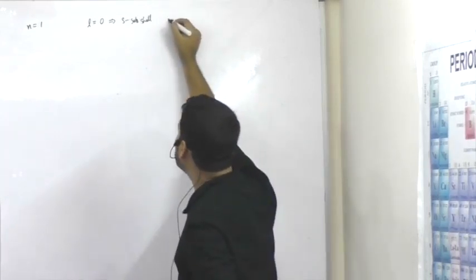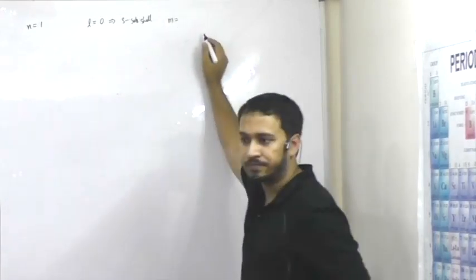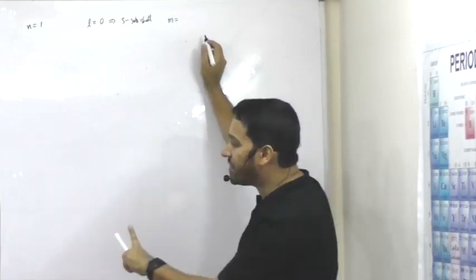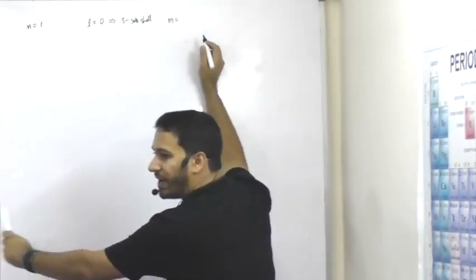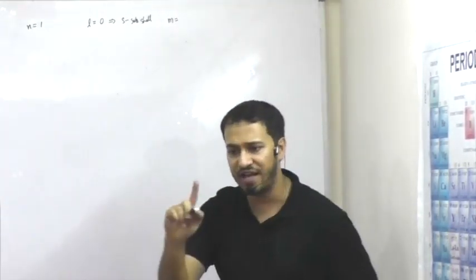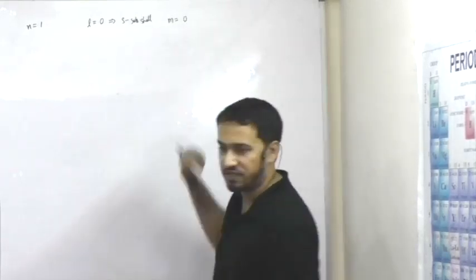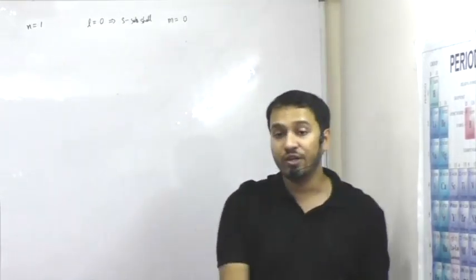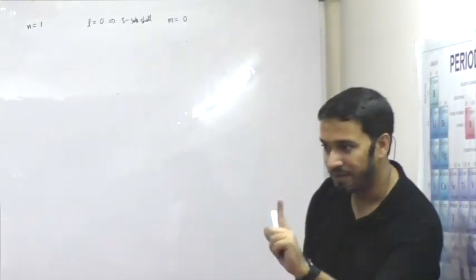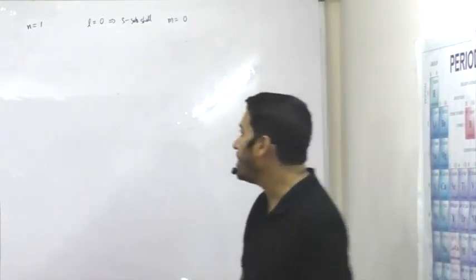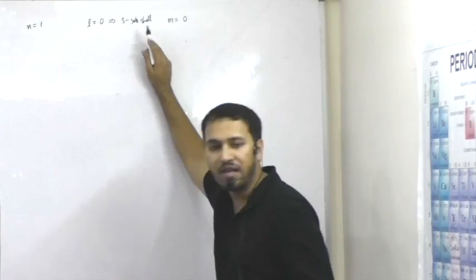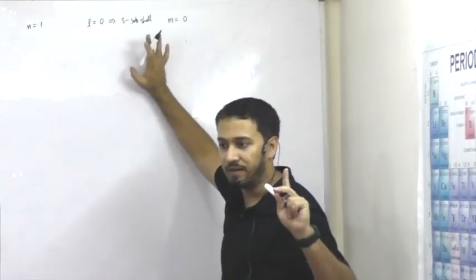Now, what are the values of M possible for this? Just one value is possible because M ranges from minus L to plus L. So between minus 0 and plus 0, how many values will come? Only one value, which will be 0. How many values did I get for M? Just one, which means this S subshell will have only one orbital.